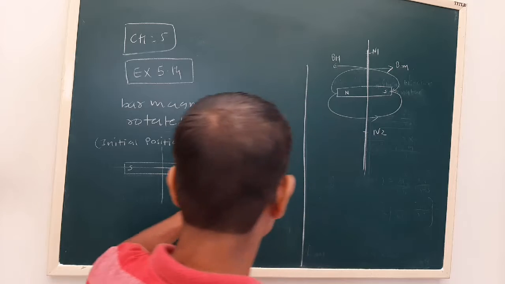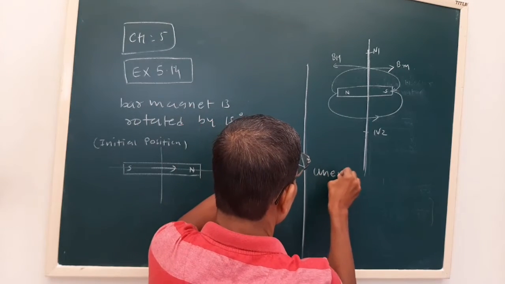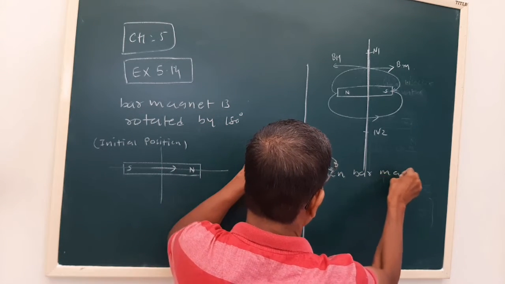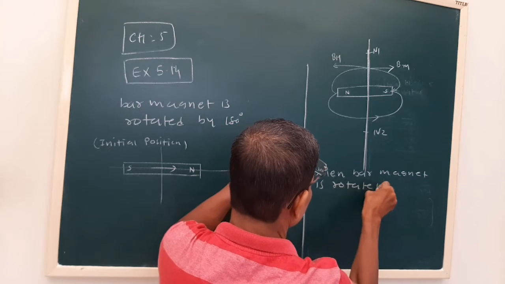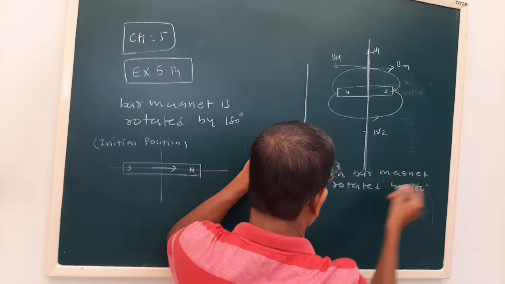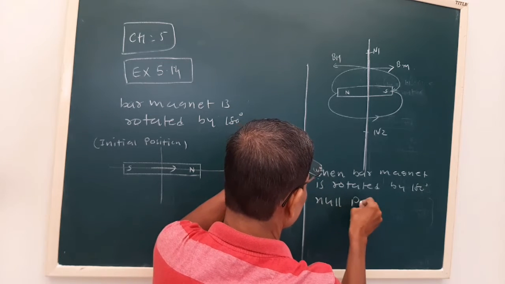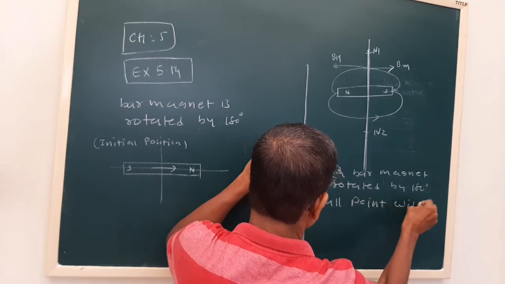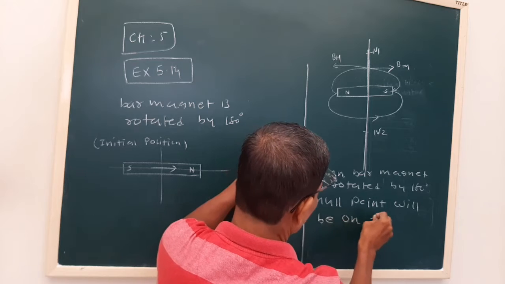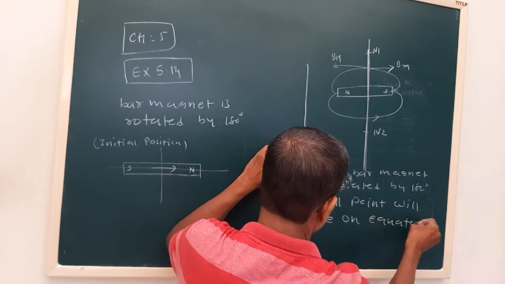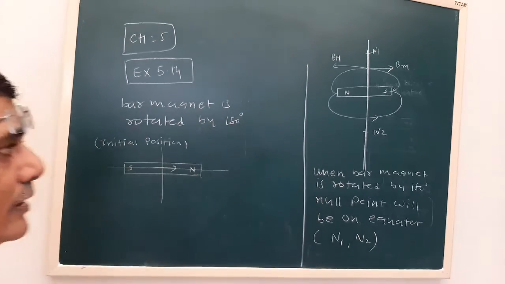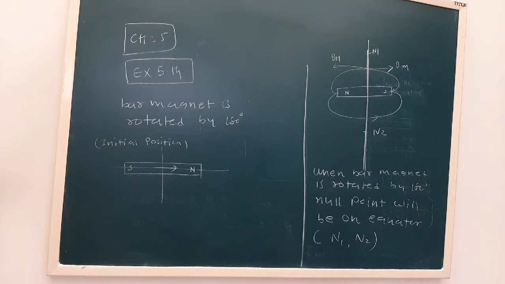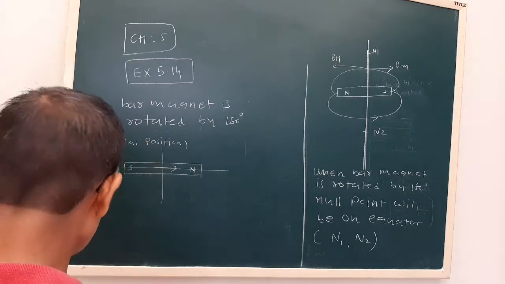So we can write like this: when the bar magnet is rotated by 180 degrees, the null point is on the equator. What we have shown here is N1 and N2. We have to find out the distance. Let us say the distance is R.